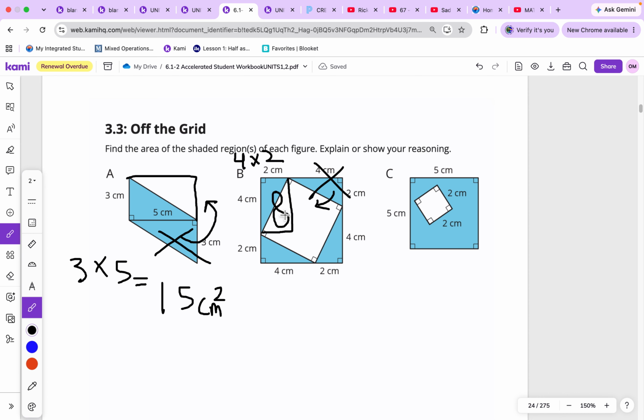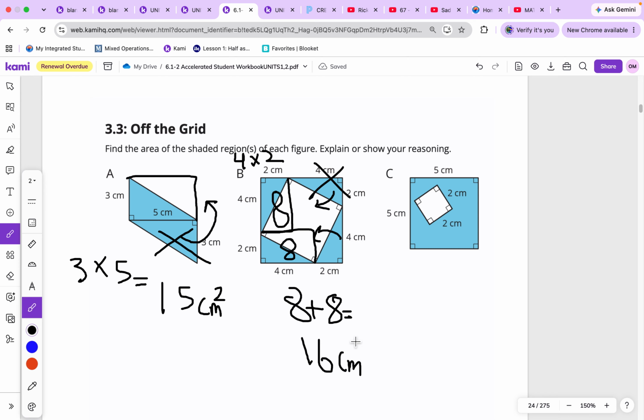So this area is 8 centimeters squared. I can bring this one over on its side. And now I have another rectangle at 2 by 4. So this would be 2 times 4 also, which would be 8 centimeters squared. And then I can add them up. 8 plus 8, which is 16.